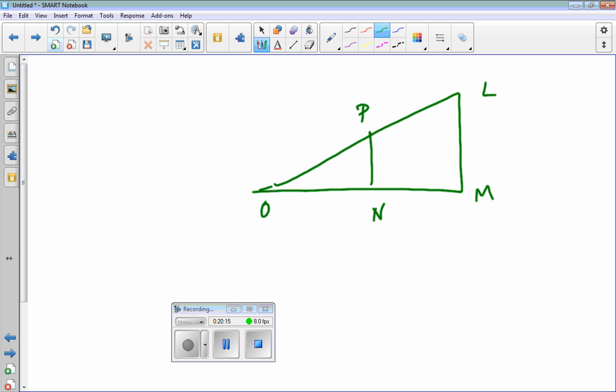All right, so number one we know is given. It says PNO and LMO are right angles. How do I know that? What's reason number two? Go ahead, Asutse. Exactly. If you look at your given information, it says the lines are perpendicular. Anytime lines are perpendicular, they form right angles.